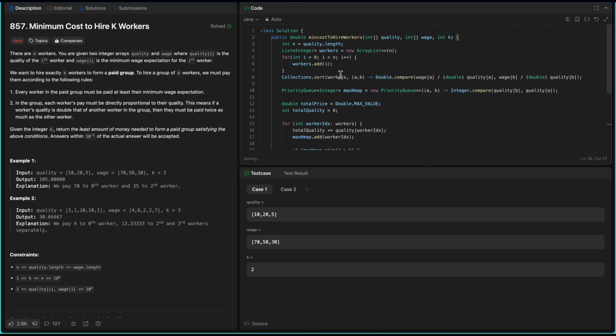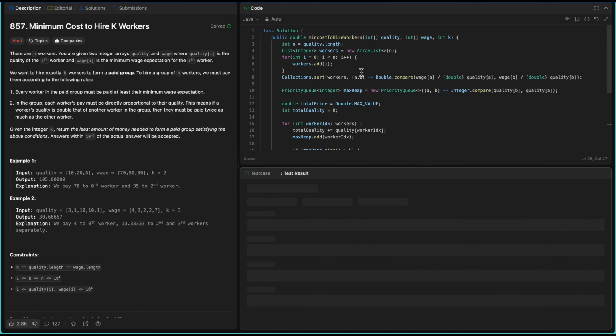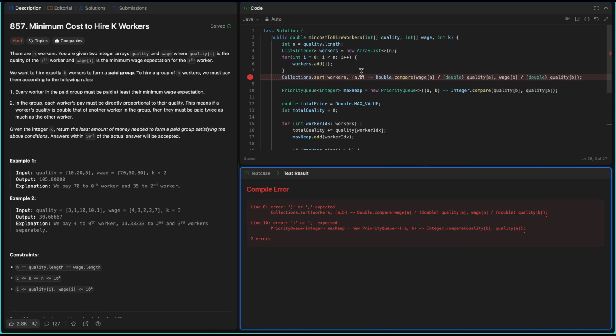So I hope you like the solution. Let's now run this code. There are some compilation issues. So what are those? It says, okay, Collections dot sort.